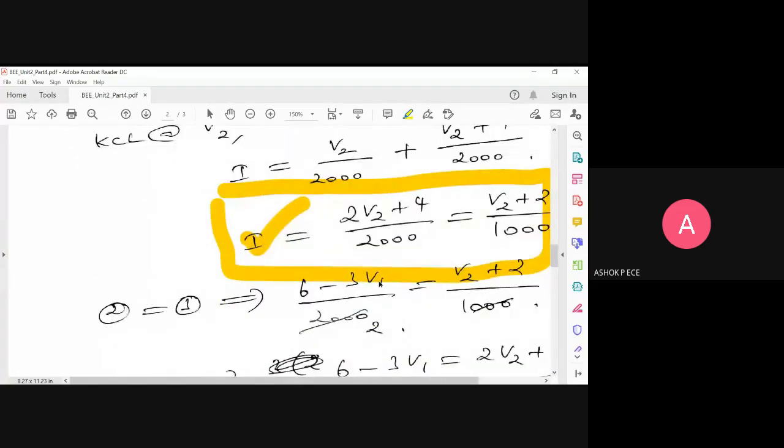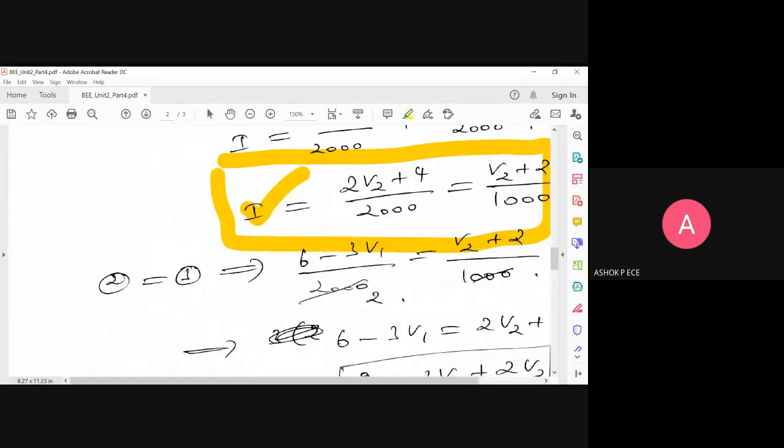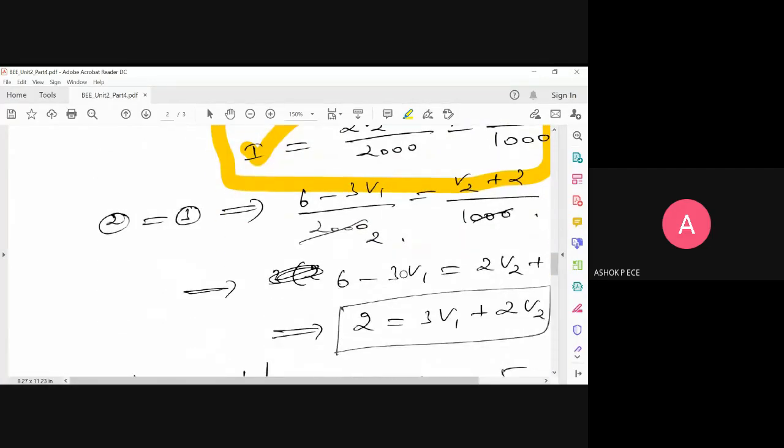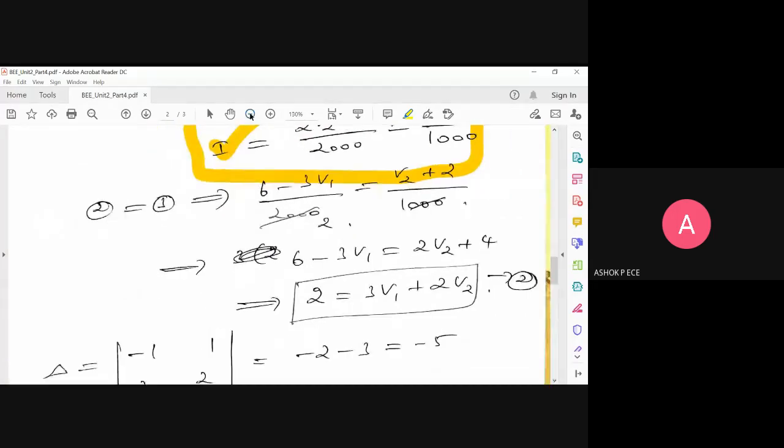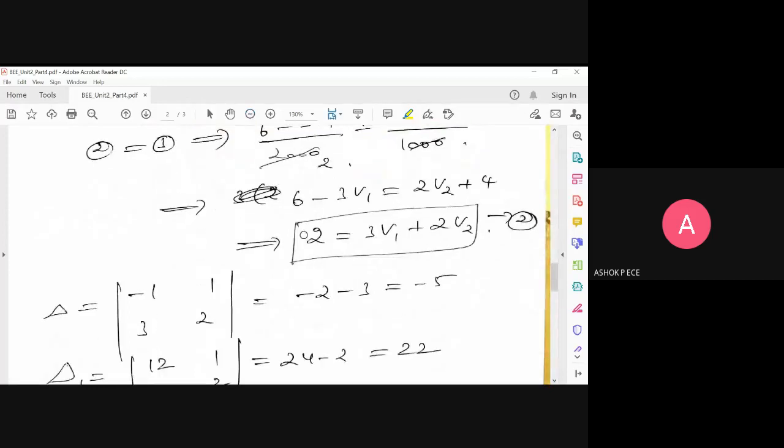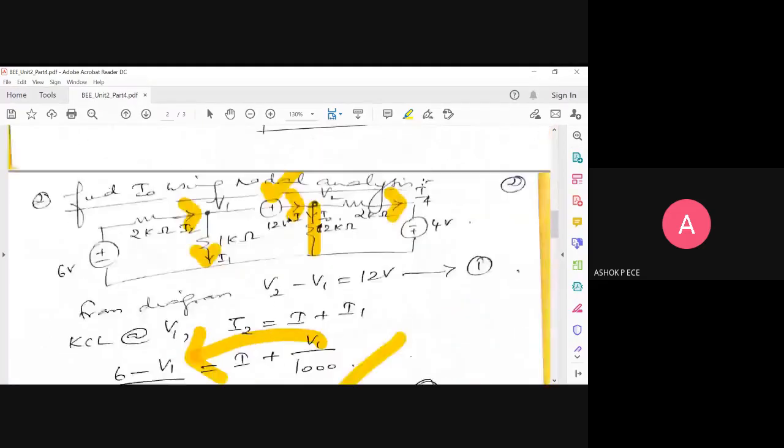You get 6 minus 3 V1 by 2000 equal to V2 plus 2 by 1000. So cross multiply: 6 minus 3 V1 equal to 2 V2 plus 4. Or 2 is equal to 3 V1 plus 2 V2. This is the equation you get by eliminating the current I.